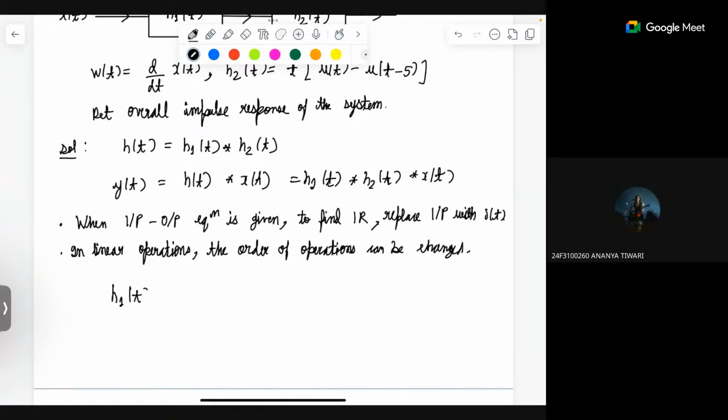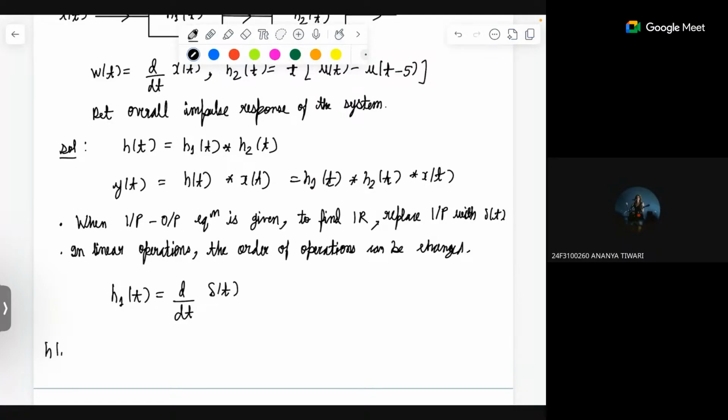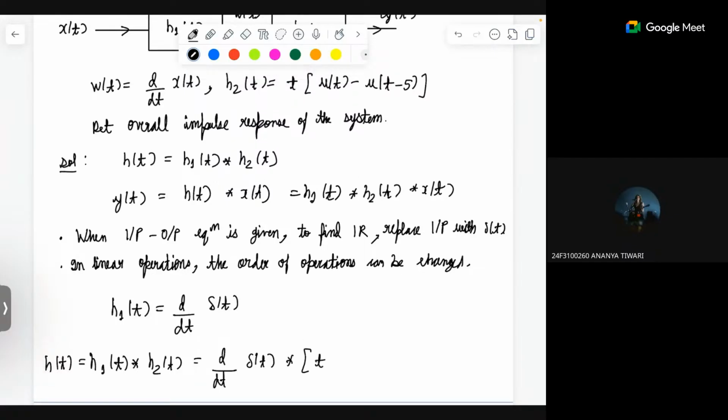So h1(t) will be d/dt of delta(t). So I have h1(t) now. For h2(t), it is already given in the question. So I just need to convolve these two. That's it. So h(t) is h1(t) convolved with h2(t): d/dt delta(t) convolved with h2(t), which is t u(t) minus u(t minus 5).